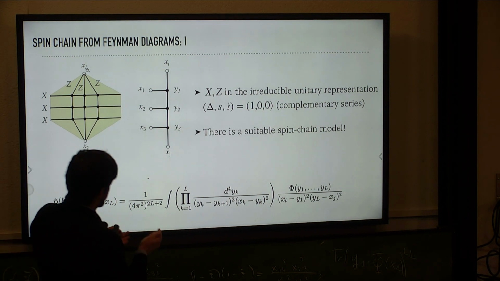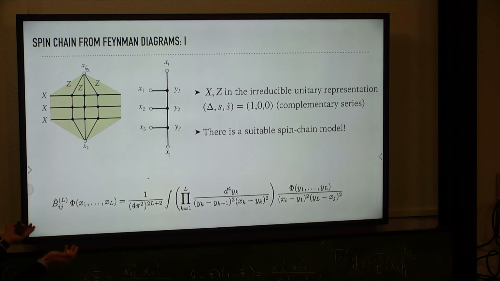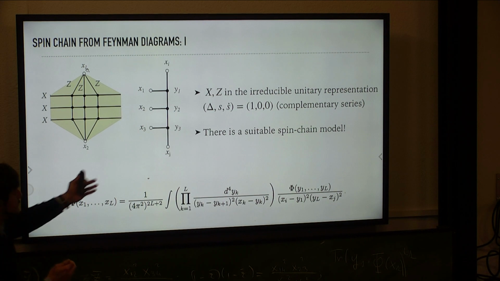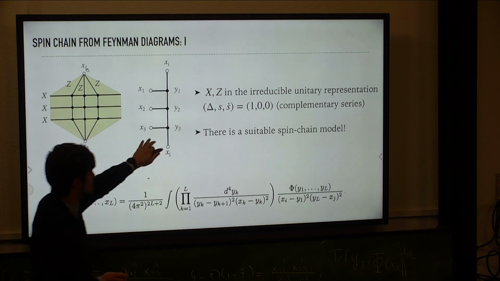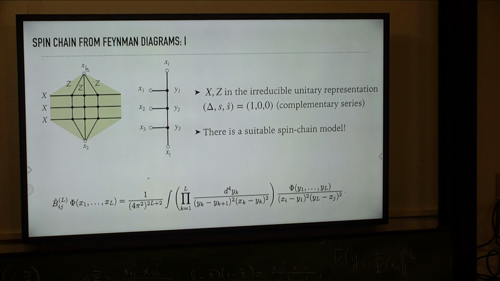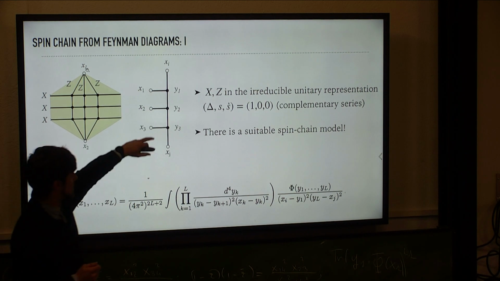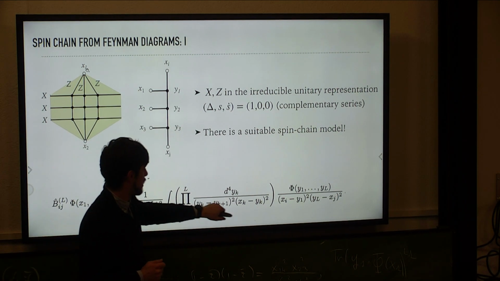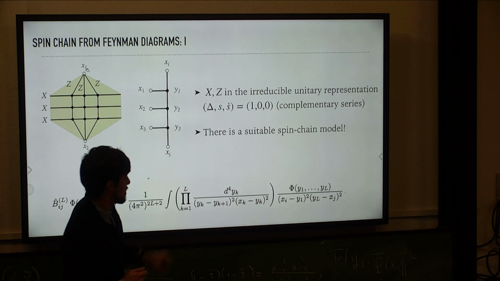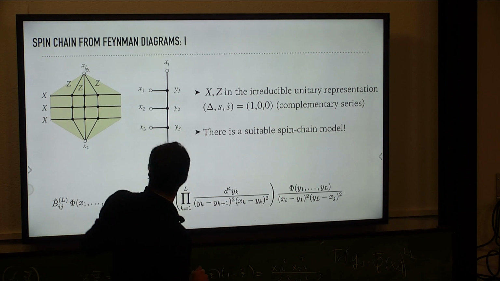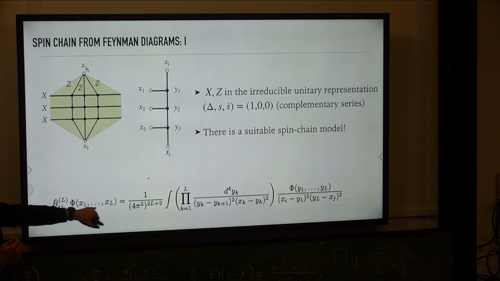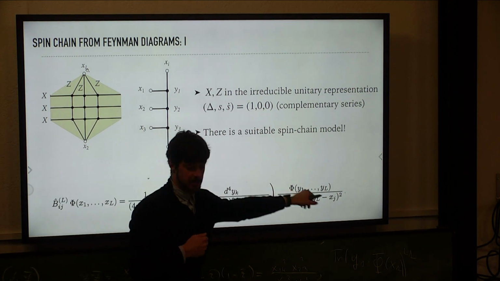So we should use a certain spin chain model to relate this object to the transfer matrix of an integrable spin chain. And this object in analytic formula is written here. Okay? So you have distances between variables y's, distances between x and y, and here are just the boundary terms, as an integral operator applied to the function is a kernel that multiplies the function.